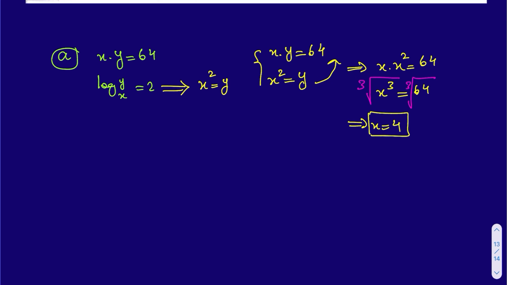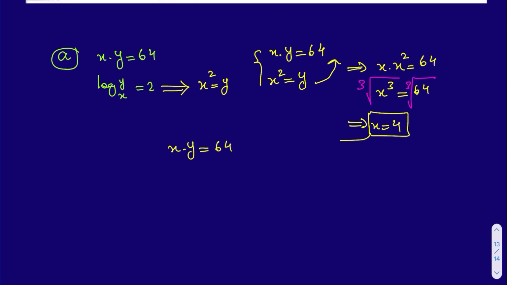Okay, then again replace the x with its value in one of those equations, and then I will find the value of y. In equation number 1, x times y is equal to 64.